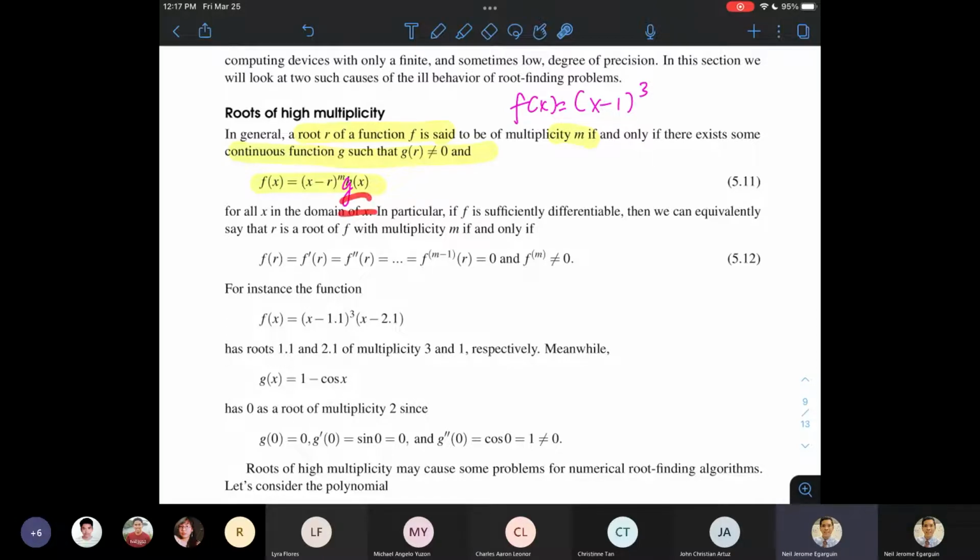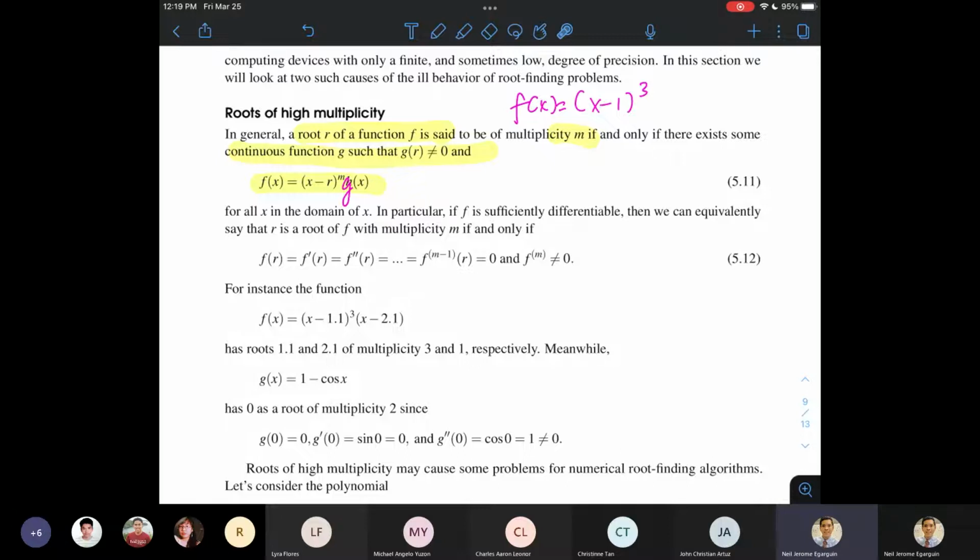So, halimbawa, 1 minus cosine x or your hyperbolic function. So, mahirap pa rin gamitin si 5.11 para sa definition ng higher multiplicities, right? But if your function f is sufficiently differentiable, then an equivalent definition will be more convenient.